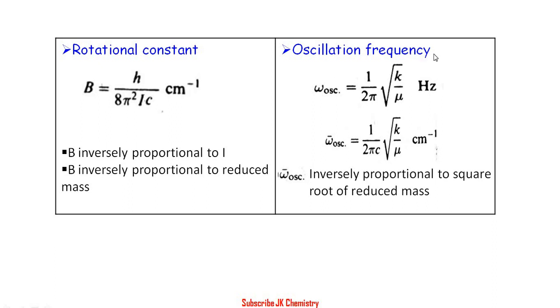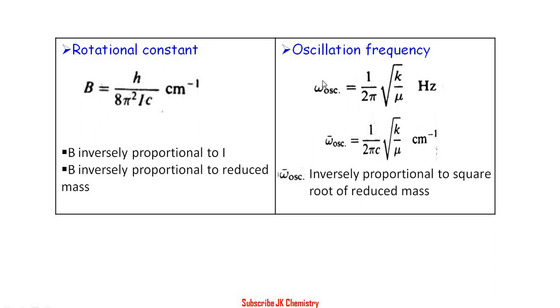Now the oscillation frequency. We have seen the energy expression, where ω oscillation is defined as 1/(2π) √(k/μ) in hertz, where k is called the force constant and μ is the reduced mass. In spectroscopy, this is mainly expressed in centimeter inverse.